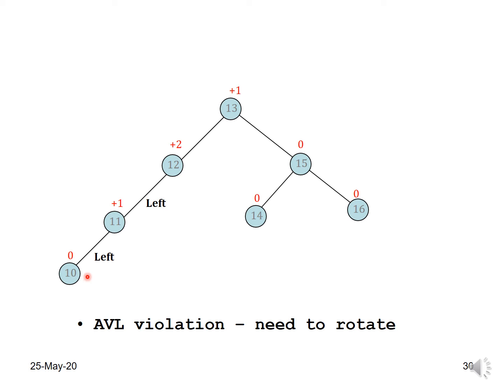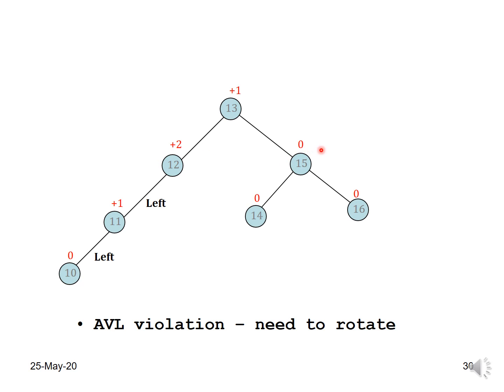The balance factor of 10, 14 and 16 will be 0 because they are leaf nodes, and the balance factor of this 11 will be 1 minus 0, this is plus 1, because the height of the left subtree is 1 and the height of the right subtree is 0. The balance factor of this 12 will be plus 2 because the height of the left subtree is 2 and the height of the right subtree is 0, so 2 minus 0 comes out to be plus 2.